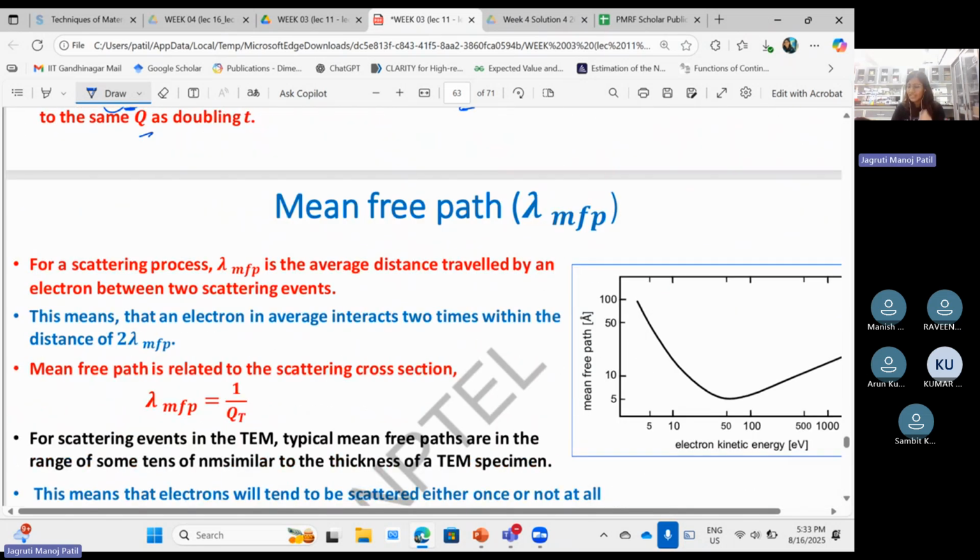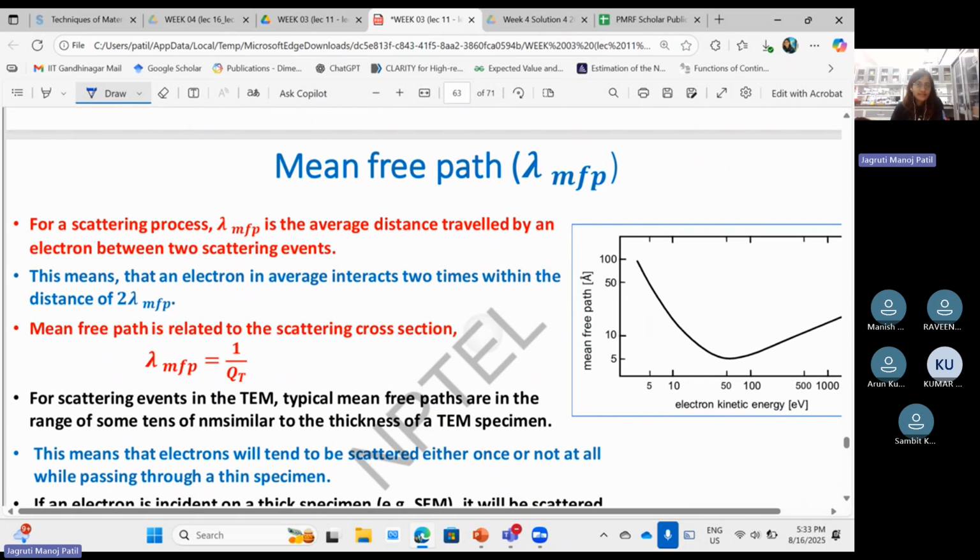And then we saw last time that we do this Monte Carlo simulation, and probably that's there in this week also. There we see how much path the electrons travel through and how many scattering events there are. Assuming randomness in a medium, based on the randomness we see how much scattering there is.